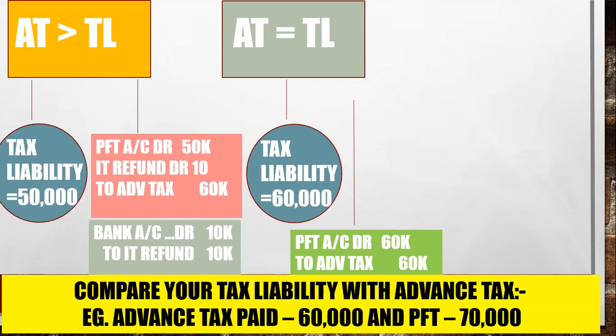So your tax liability is 60,000, so you have to pay the 60,000 from your PFT account. So PFT account debit 60,000, provision for tax account debit, to your advance tax 60,000. In this situation, there is no refund because how much you have paid to the government is equal to your tax liability. Clear? So refund will not come in this situation.